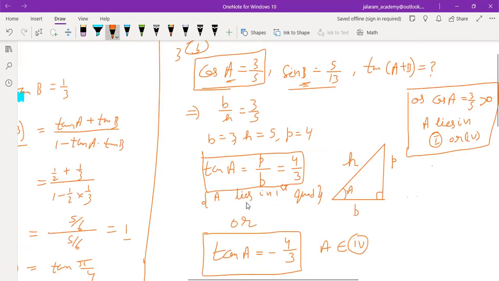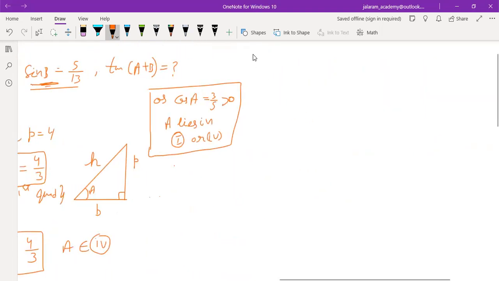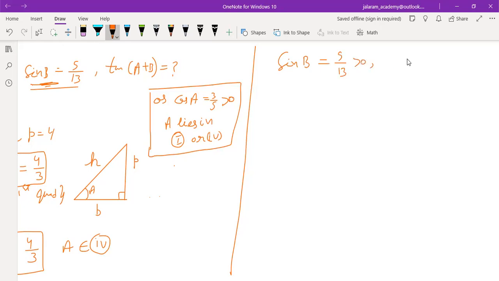Now we have to find the value of tan B also, using the value of sin B given in the question. It is given that sin B equals 5/13, which means it is positive. So B either lies in the first quadrant or in the second quadrant, as we know that sin theta is positive in the first or second quadrant.